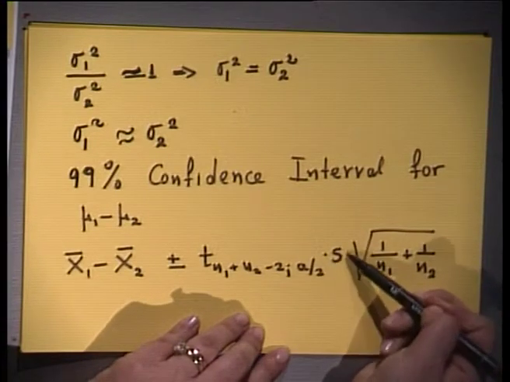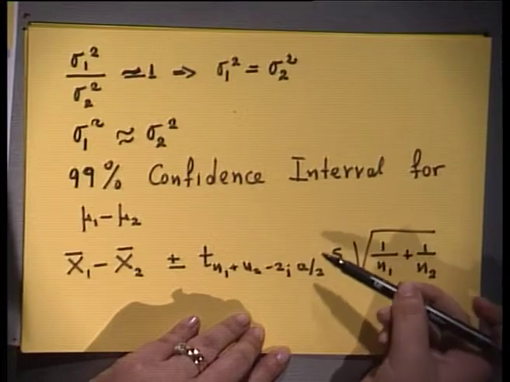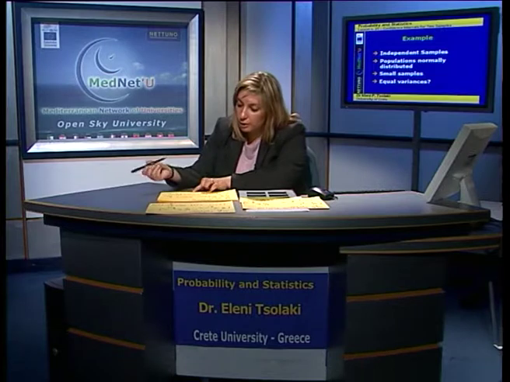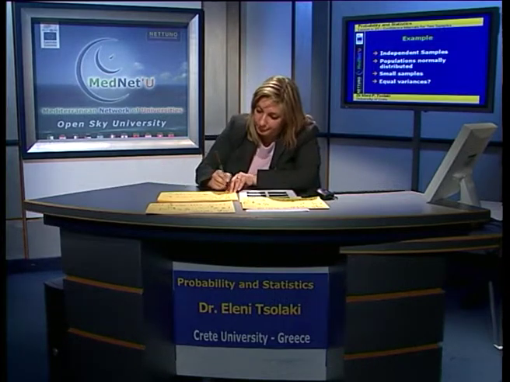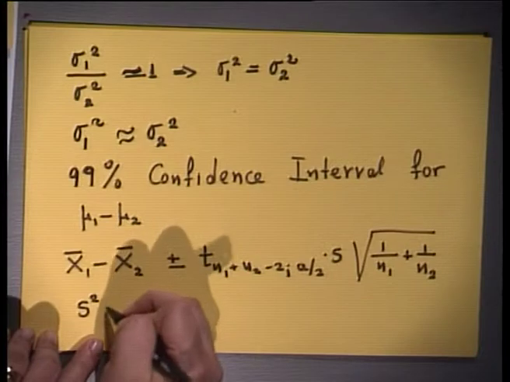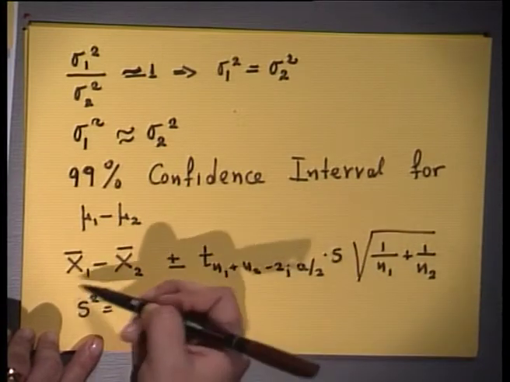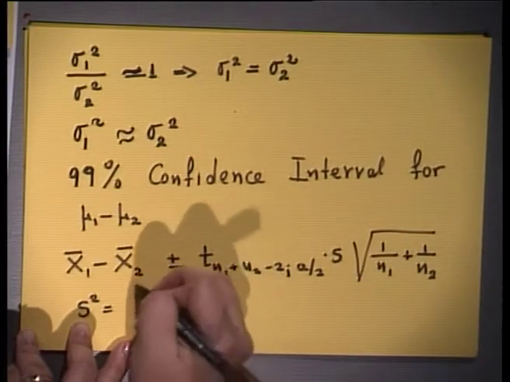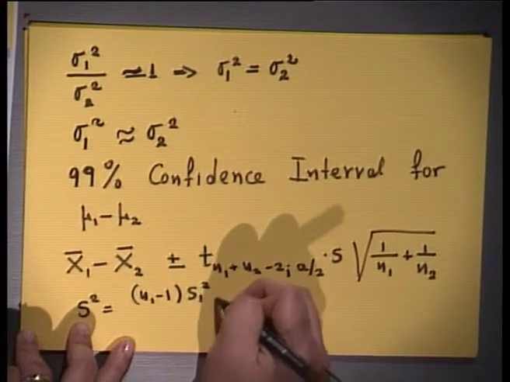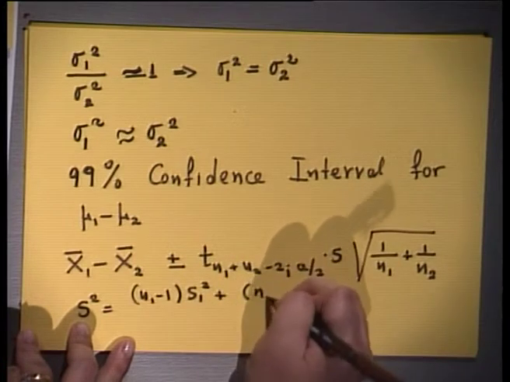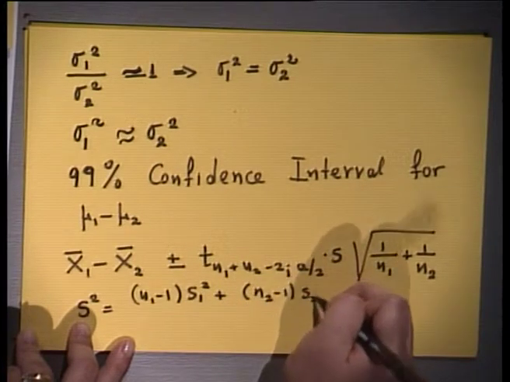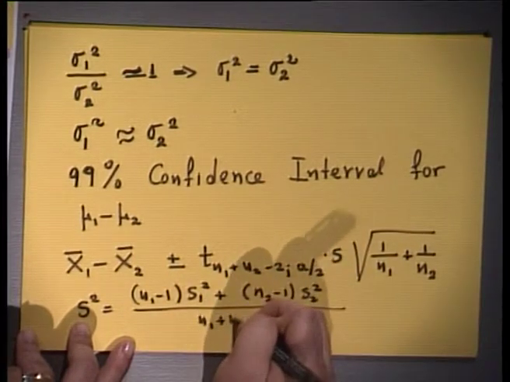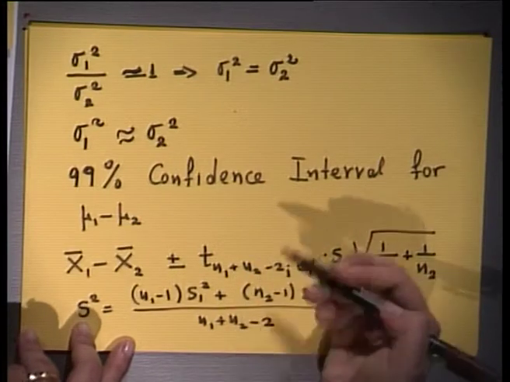Now we would need to calculate the pooled variance from the samples. We know that this is given by the variance. We need to calculate the standard deviation. The variance would be given by n1 minus 1 s1 squared plus n2 minus 1 s2 squared over n1 plus n2 minus 2.